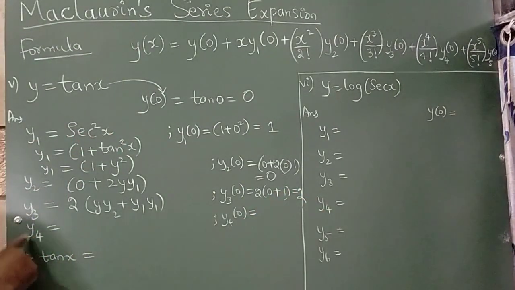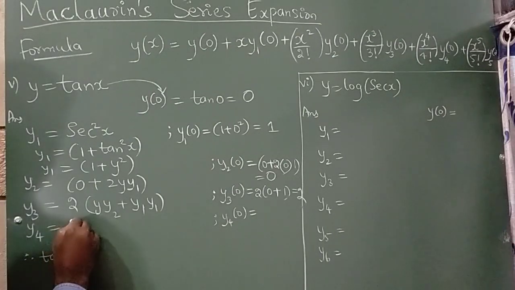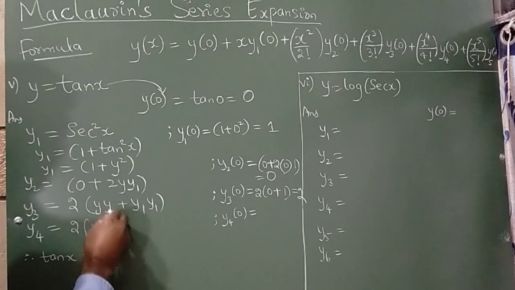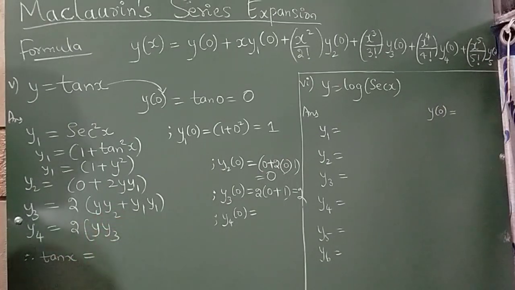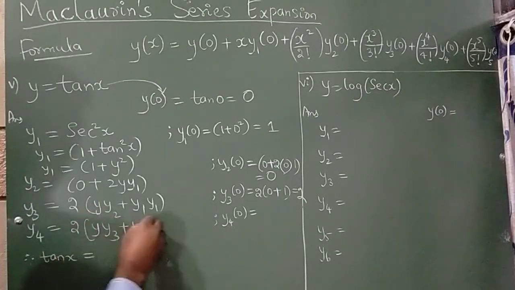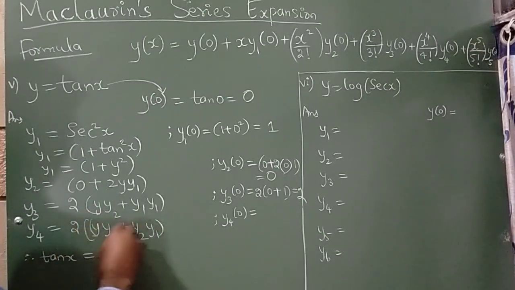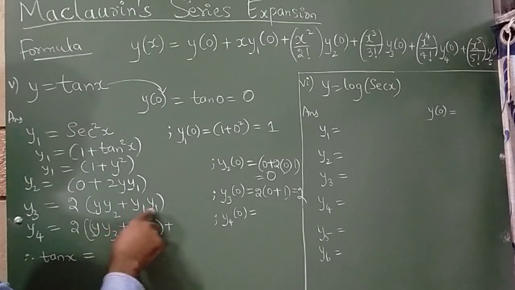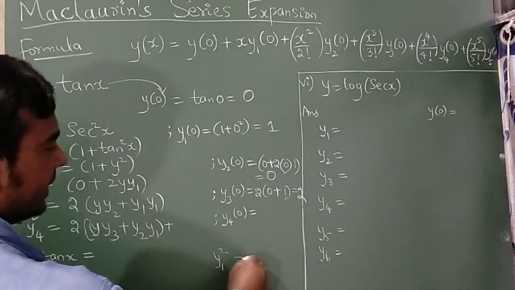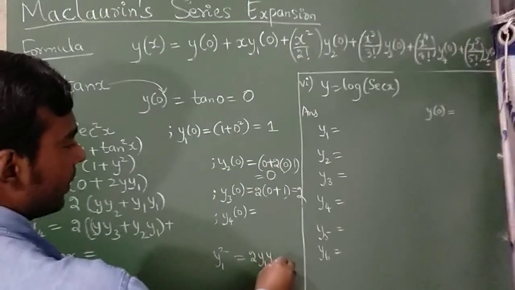Now if I differentiate y3, then I will get y4. So 2. If I differentiate, I will keep y as it is. If I differentiate y2, then it is y3 plus keep y2 as it is. If I differentiate y, then I will get y1. Fine. Now plus this is y1 square. So if I differentiate this, I will get 2 y1 y2.